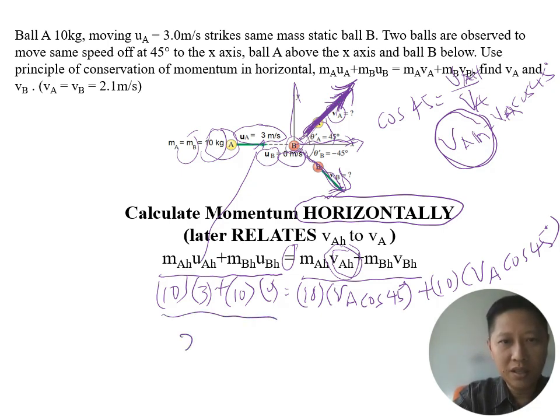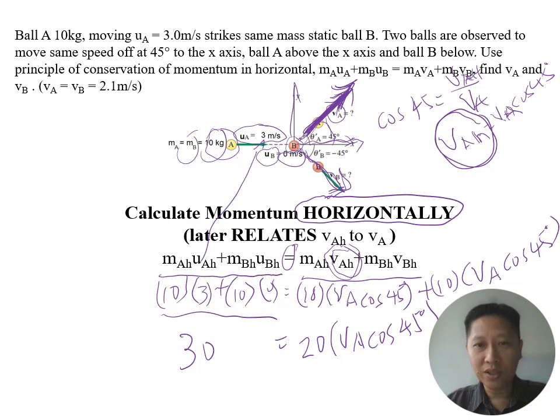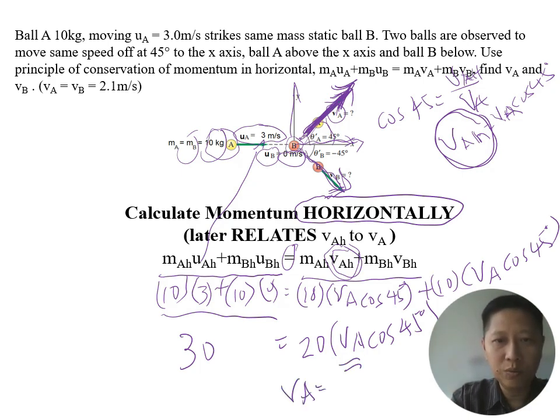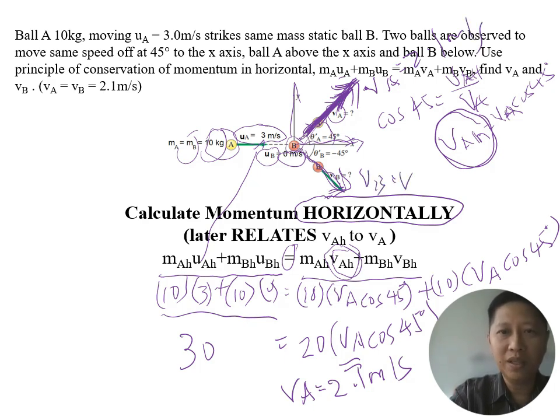This will be 30, equals 20 times VA cos 45 degrees. So we have an equation that consists of only one unknown, VA. Later on we can calculate and obtain VA is 2.1 meters a second. It means that the velocity we are interested to know is in this direction, and the value of VA is 2.1 meters a second. Same goes for VB, because VB equals VA, which is 2.1 meters a second.